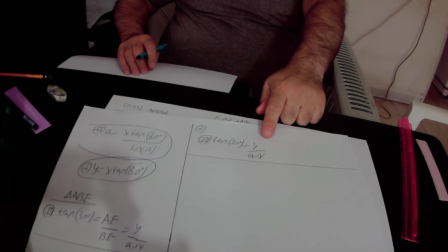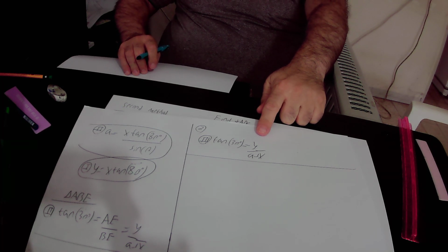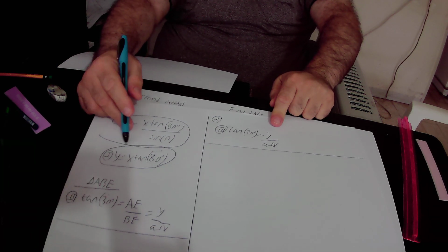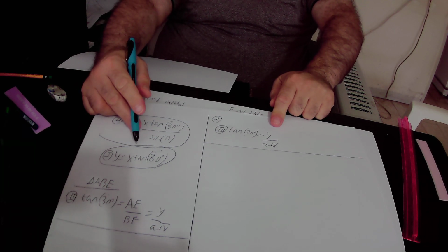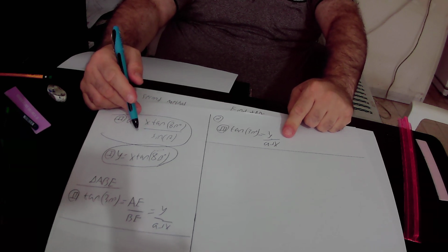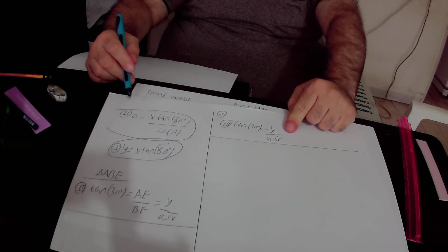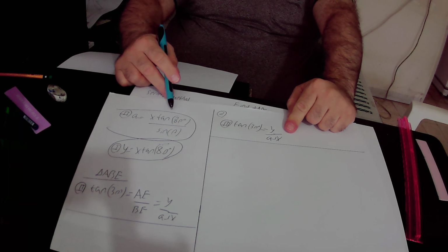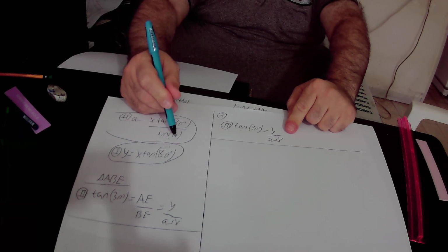Here we will substitute Y by the value that we found in equation number 1, X times tangent 80 degrees, and then substitute A by the value that we found in equation number 2, X times tangent 80 degrees over sine theta.